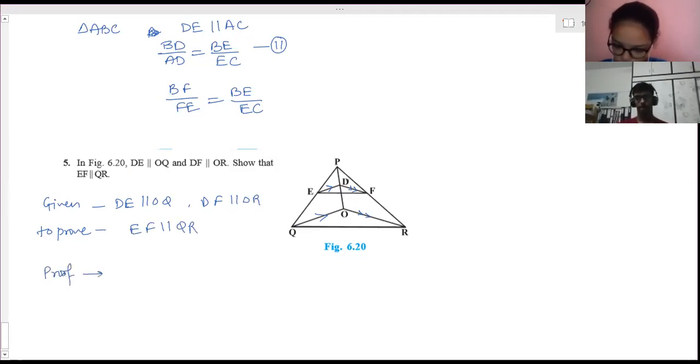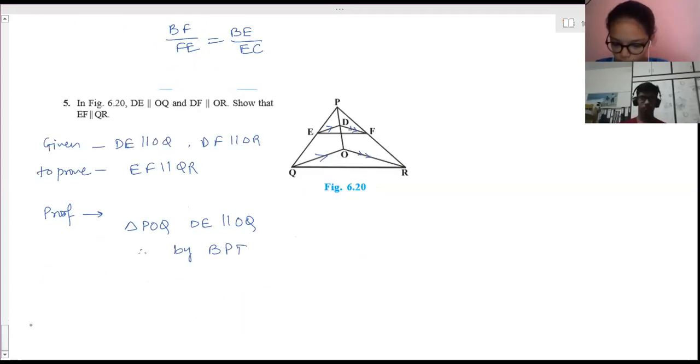Proof. Which triangle you are using for BPT, that you have to mention. Triangle POQ, DE parallel to OQ. So therefore, by BPT, PE by EQ is equal to PD by DO.